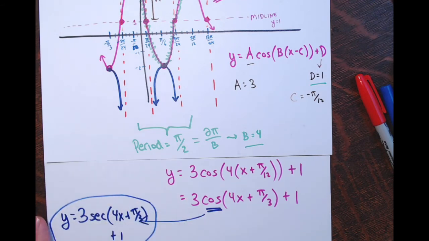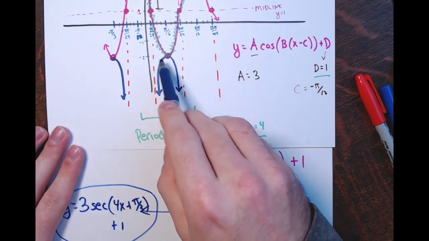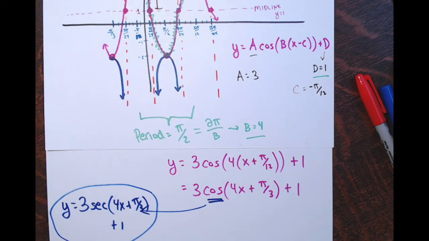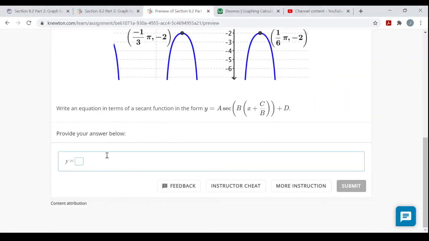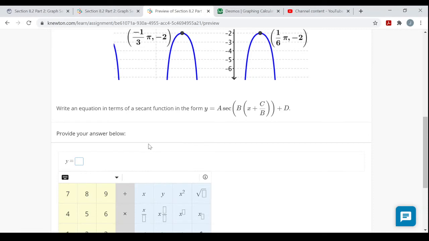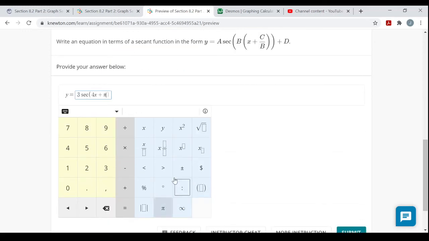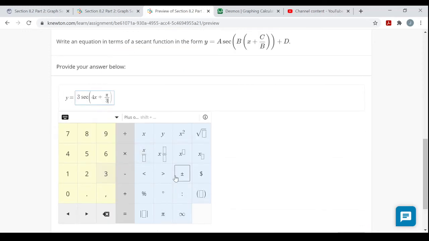And there's the equation for this purple graph, the graph that they gave us in the assignment.